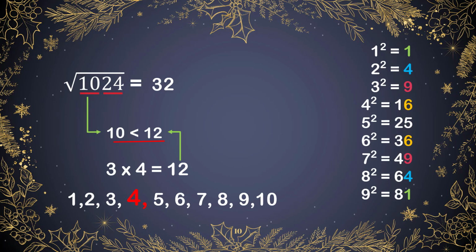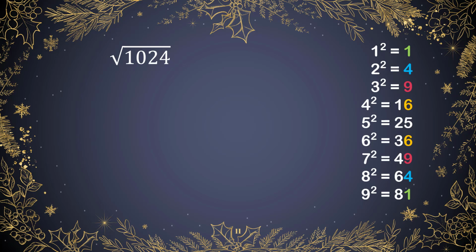At first, it may be the slightest bit confusing, so let me redo it. First, we look at the numbers in pairs. It is important that we make pairs from the right. We have 24 and 10. Then, we look at the 10 and see which number, if squared, will come before 10. 3 squared is 9 and 4 squared is 16.